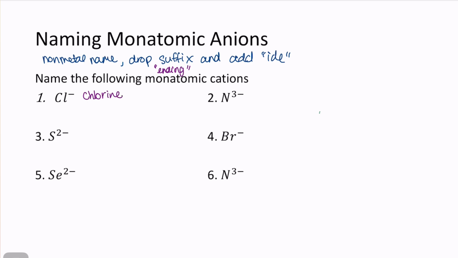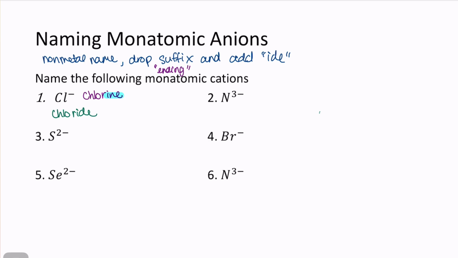I am going to drop the suffix, which is the "ine", and I'm going to replace it with the "-ide". So when I name this, it is going to be chloride. Now, it does take some practice with getting to know what the suffix of the different metal or nonmetal names are, but you will get the hang of it.